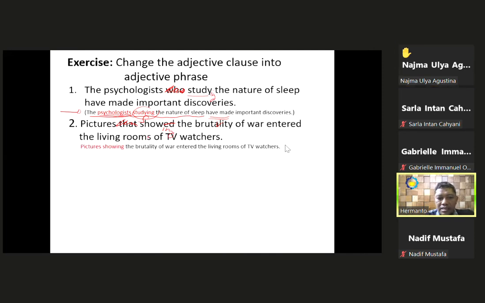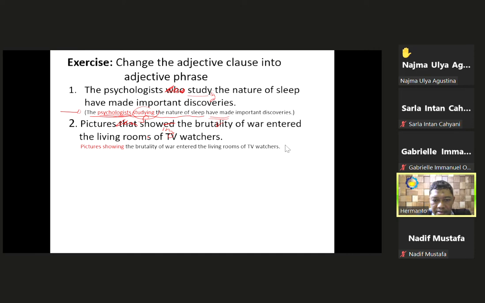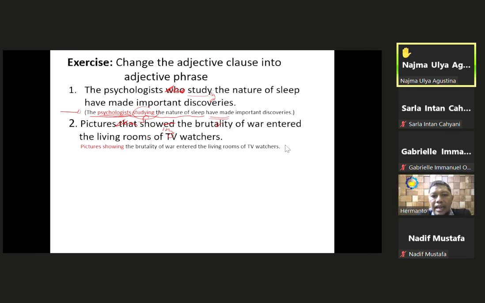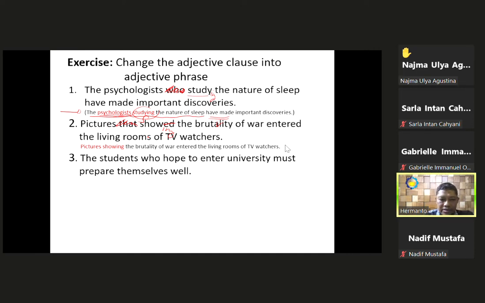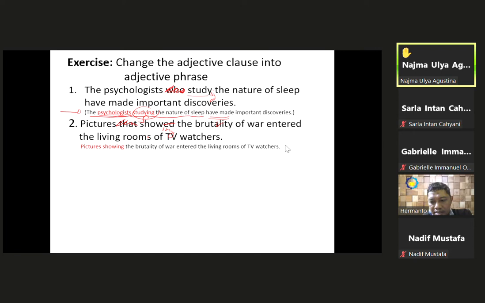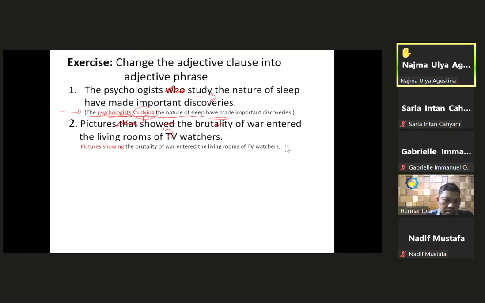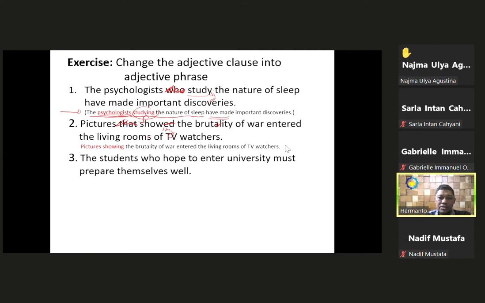So what is the subject of the sentence? Pictures. What is the predicate? Entered. Okay, thank you so much. What is the adjective phrase, Najma? Showing the brutality of war. What is the function, Najma? To describe the pictures. Yes, thank you so much.